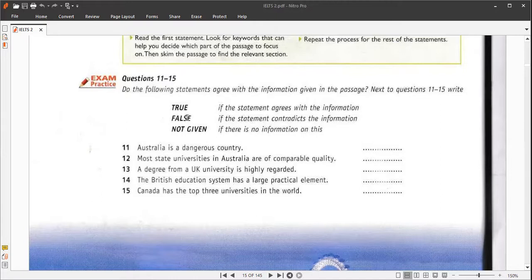It's number 13, so it should be true. Sorry. Okay, now we are at number 14. Number 14 is not given. All right, finally number 15 also not given. Some of you say it's false. It's not given because there's no information about that.